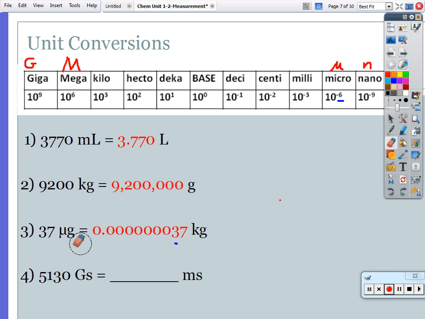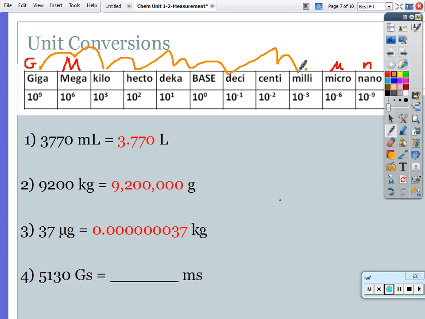Alright, last one we're going to do together. Okay, I'm going to go from giga to milli. So same thing, you start at giga way over here, go all the way down to the milli over here, and you got to count the jumps. Even though I'm jumping one spot, this is 3, 6. So I'm going 9 to 6 to 3. So that's 3, 6, 7, 8, 9, 10, 11, 12.